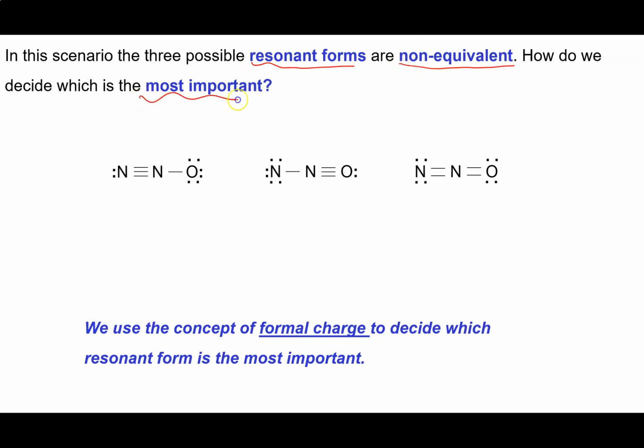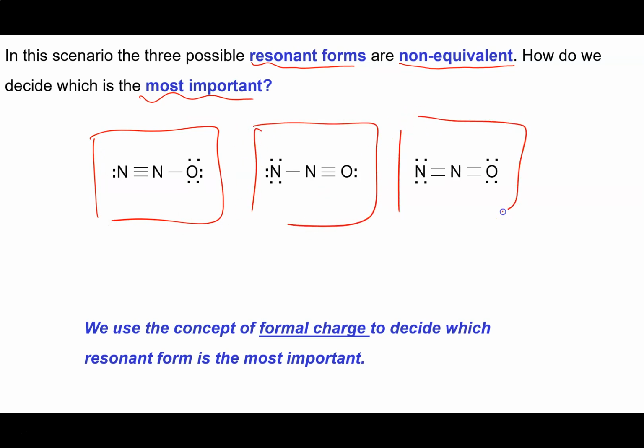So how do we decide what is the most important? And this is where the concept of formal charge arises. We're going to use the concept of formal charge to decide what resonant form is the most important when we have multiple non-equivalent but correct Lewis structures.